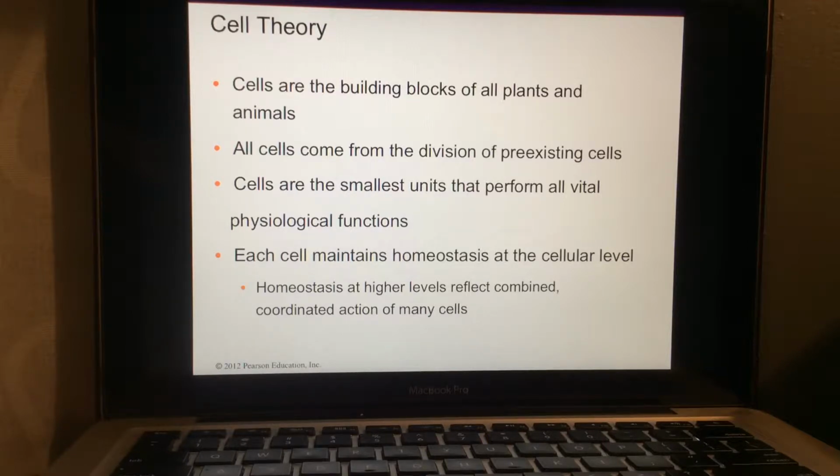When we look at cells, remember that they're the functional unit of the body. Given the research techniques that we have now, we can see these physiological activities happen, such as transport of substances from outside of the cell to in, through a variety of mechanisms. And it's usually looked at through a microscope.